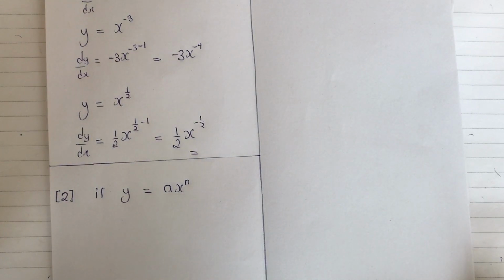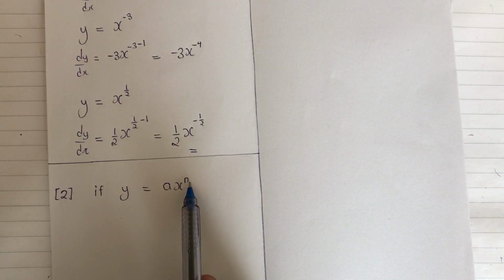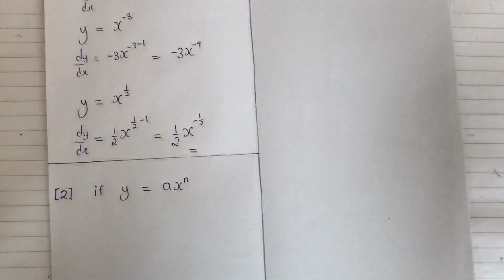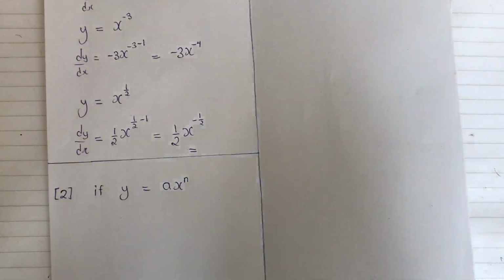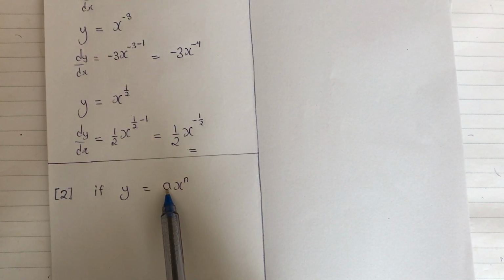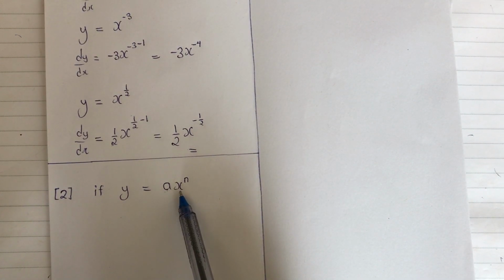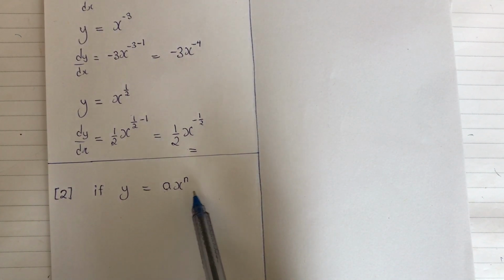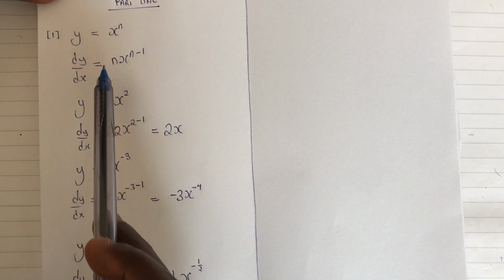Now let's take example 2. If I have y equals a x raised to the power n, it's still the same thing, and I will use the same process. Look very carefully. This a is a constant. I'm just using it to represent a positive or negative value. It is a value that will always be the coefficient of x. In the examples we just did, all the coefficients of x were 1.